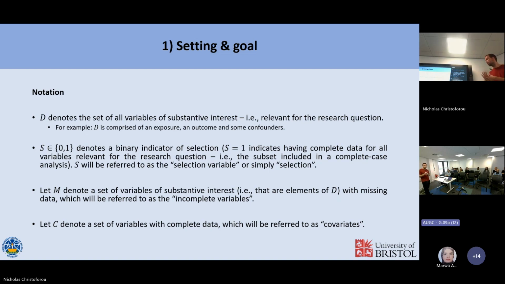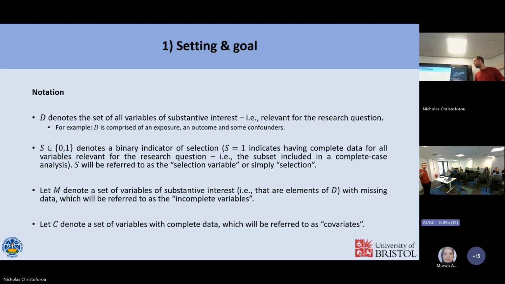In this presentation, I'm considering a slightly simplified scenario where I'm working with a binary indicator S. S equals 1 indicates having complete data for all variables in D. That means S equals 1 essentially denotes the subset that would be included in a complete case analysis, and S equals 0 otherwise.